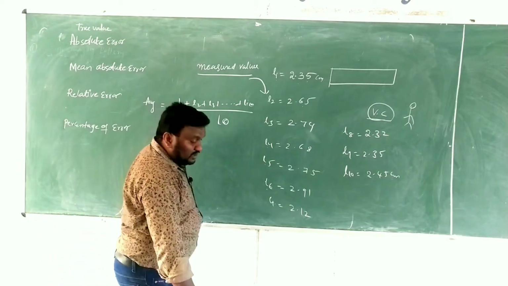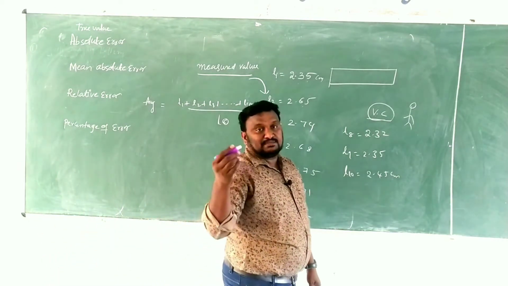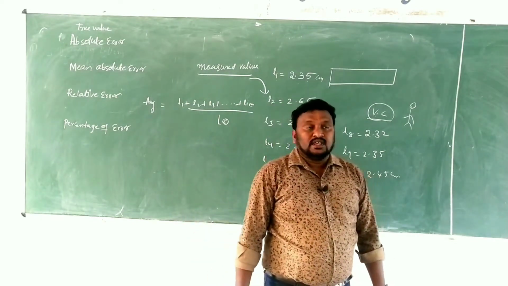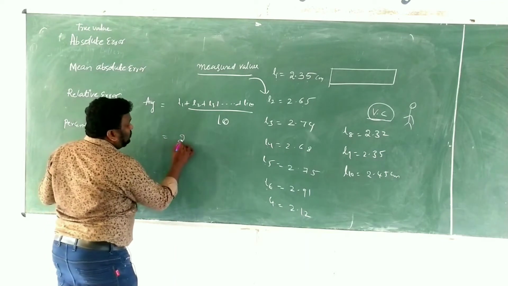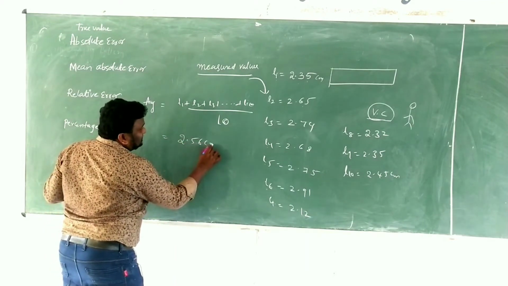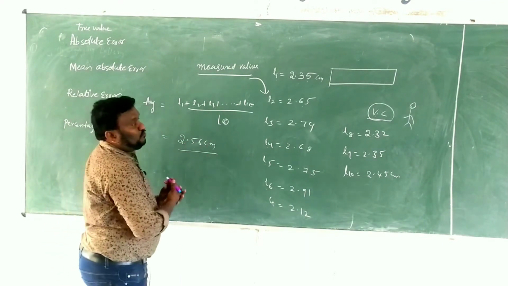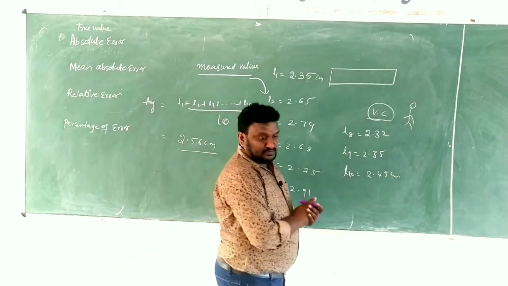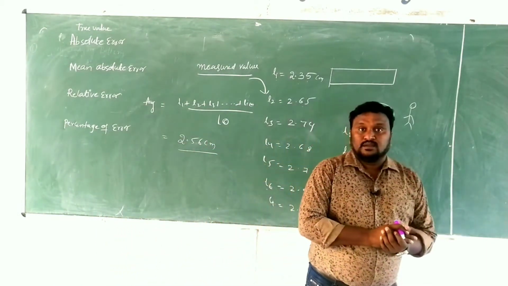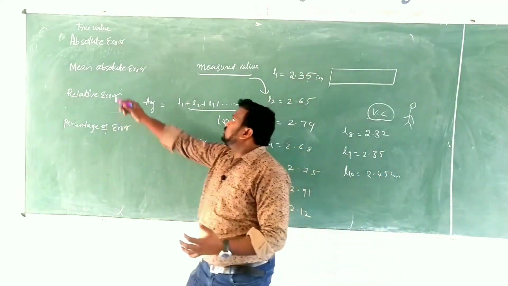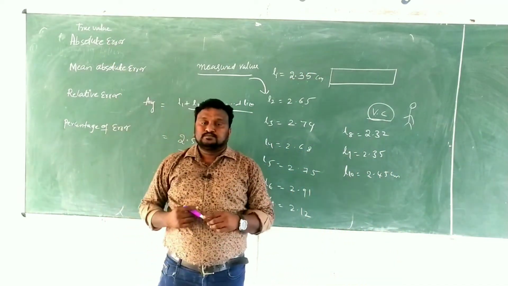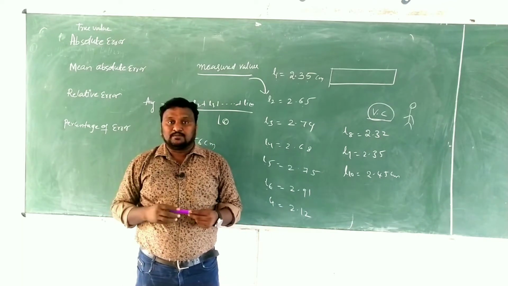Substituting all the values, we get 2.56 centimeters. Clear? The average of all these values is called the true value.